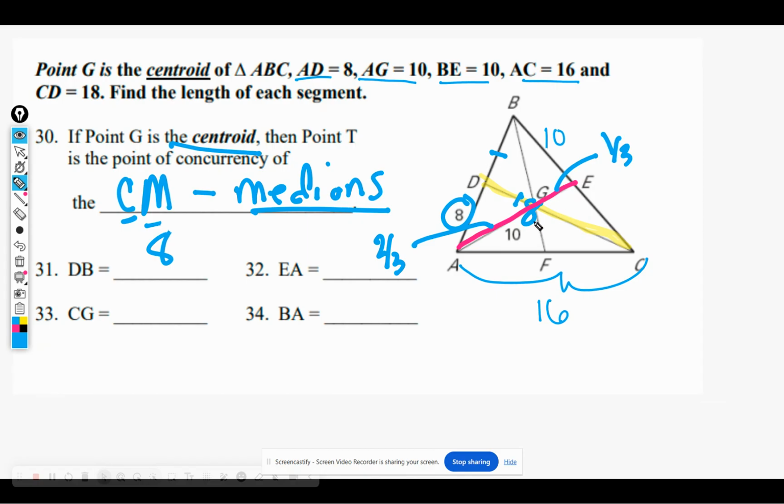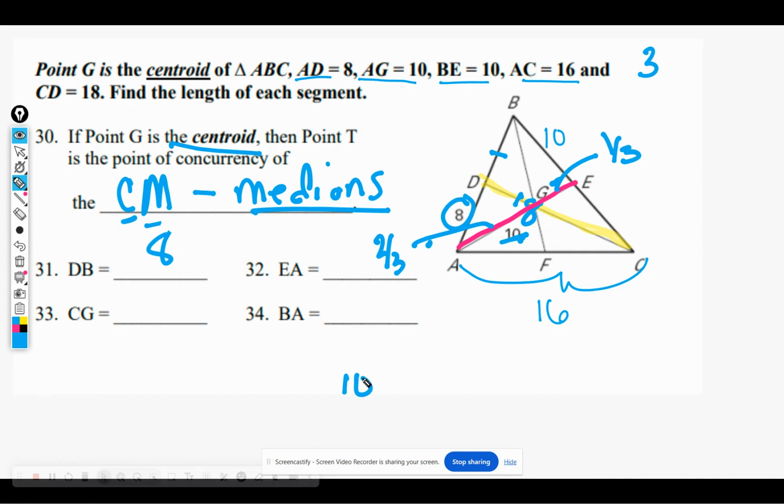So this is 2/3 and this side is 1/3. What I think about when I do this is, okay, if a whole line is 3 parts, and this is 1 part and this is 2 parts, I already know what my 2 parts is.